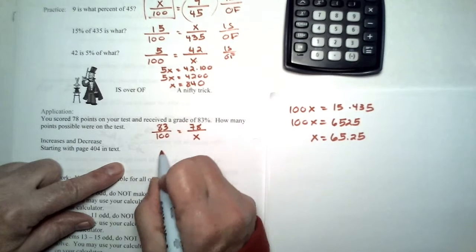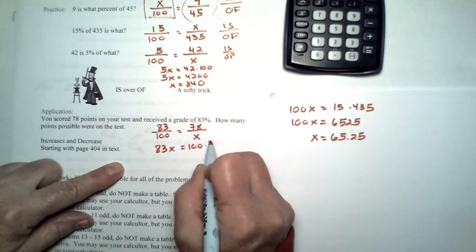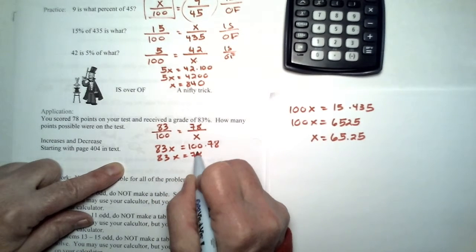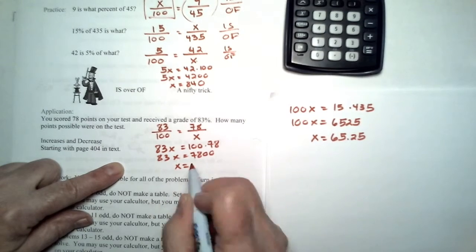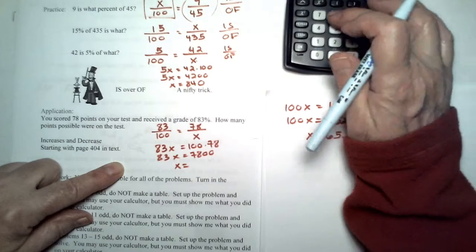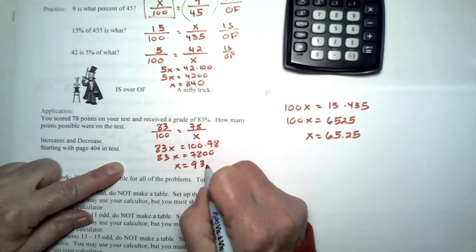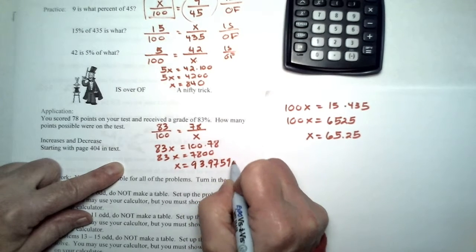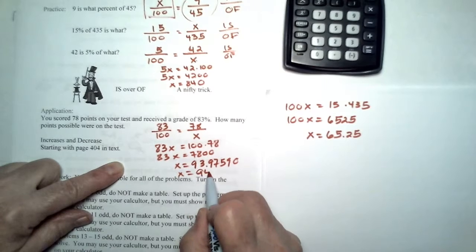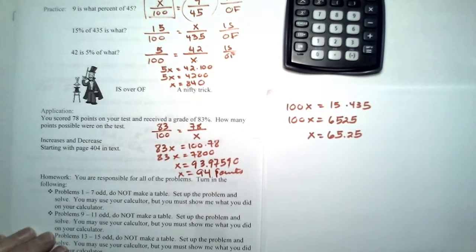So we've got 83x is equal to 100 times 78. 83x is equal to 7,800, and x is equal to, and I'll have to use my calculator for this, 7,800 divided by 83 equals 93.97590. So I think it's safe to say that there were probably 94 points total on the test.